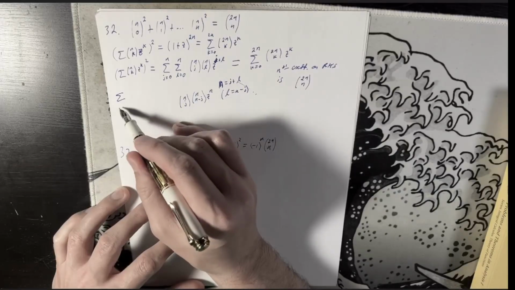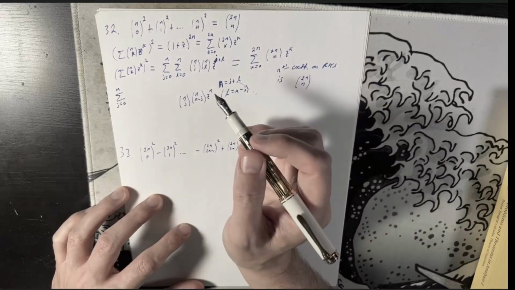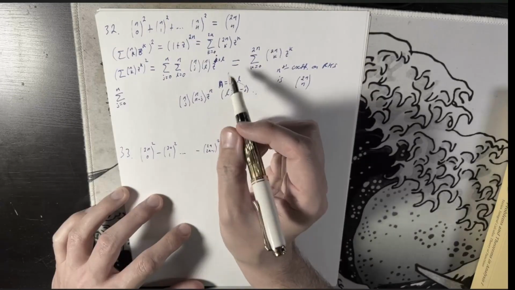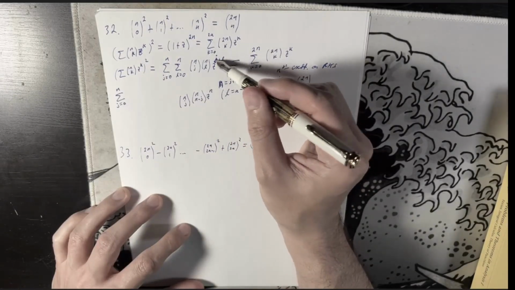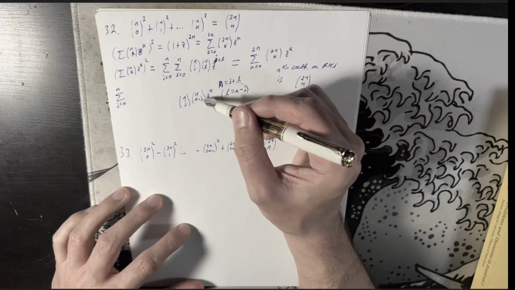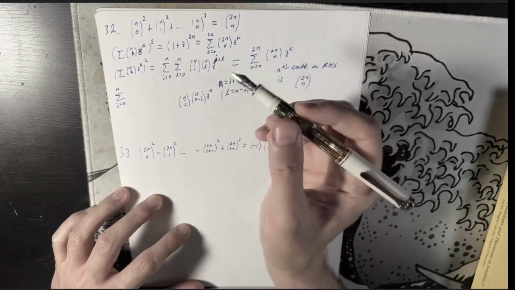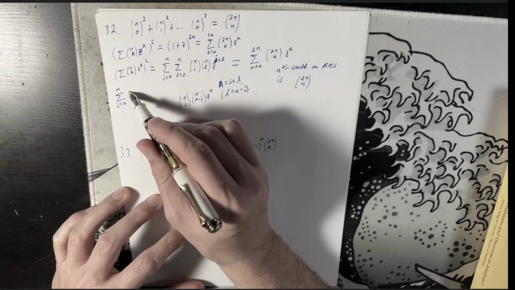Like if we replace this with a k, here of course you get k minus j. That might be a lot clearer.